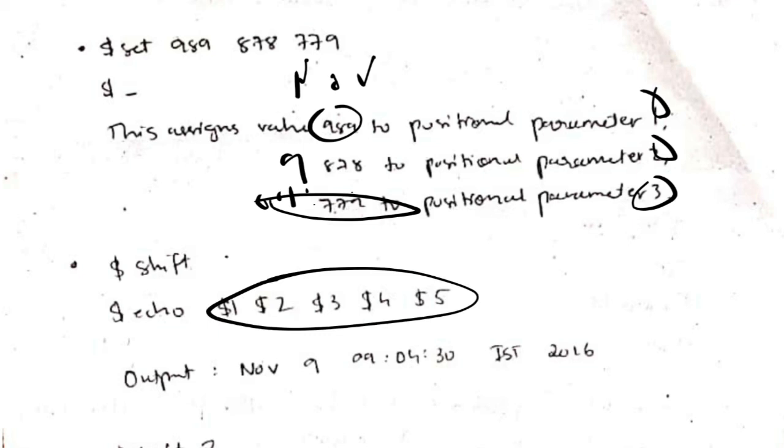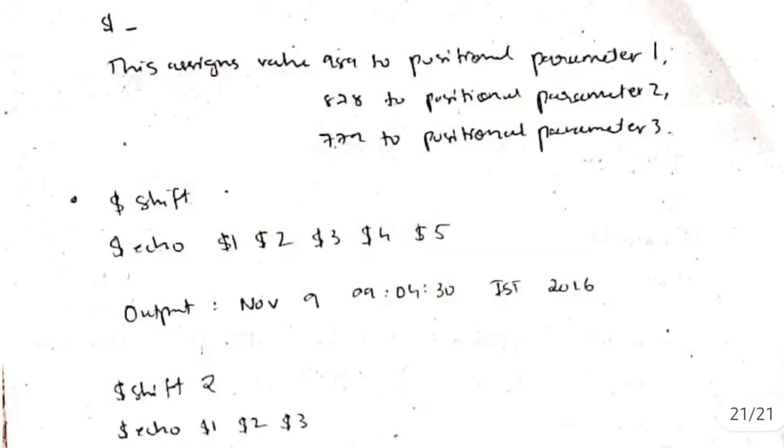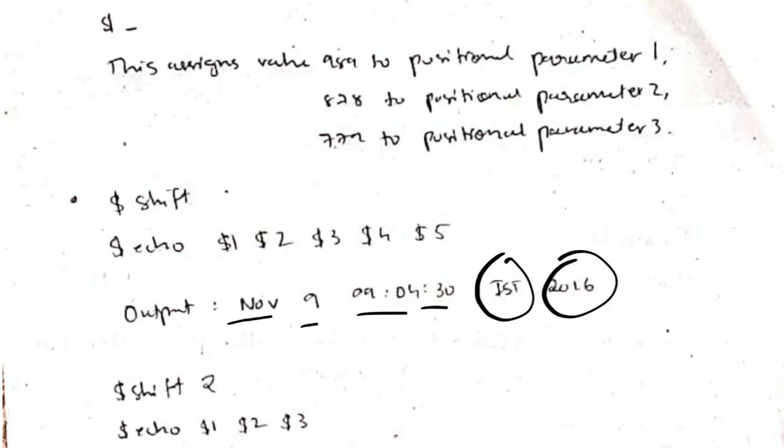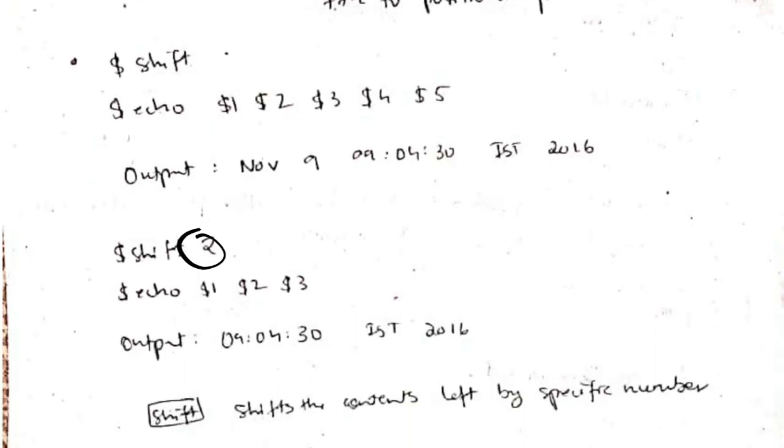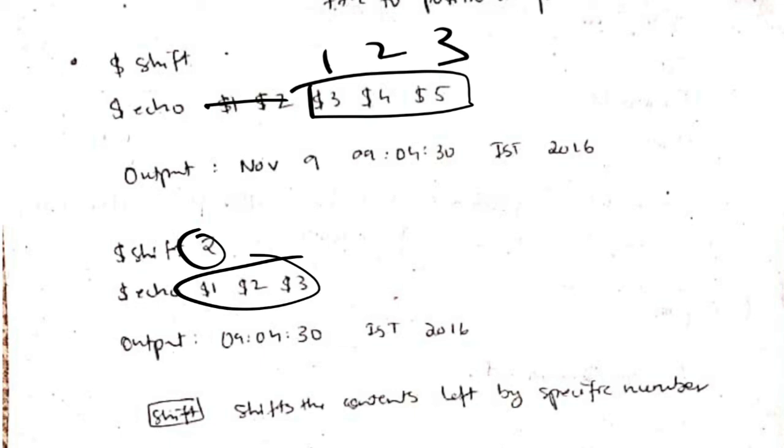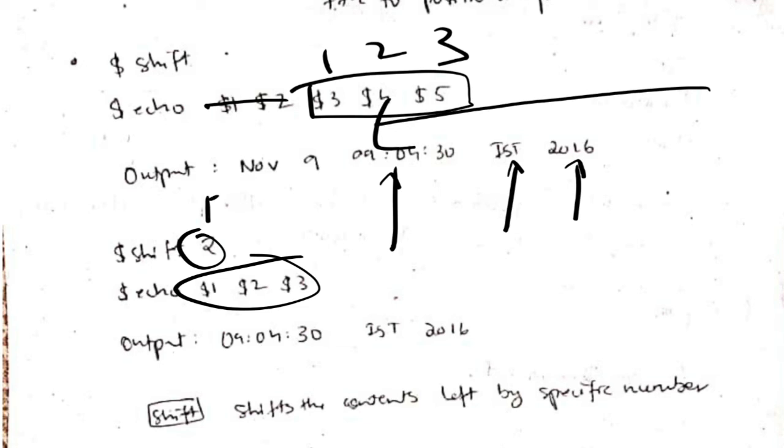When I output these parameters, they will be displayed as November 9, 4 and IST 2016. So these are the 5 parameters here. And if I shift 2, it means delete these 2 and make the 3rd one as 1, then 2 and 3. So when I display that, it will output from here. That is a shift operation: it will left shift by the number of shifts I want.